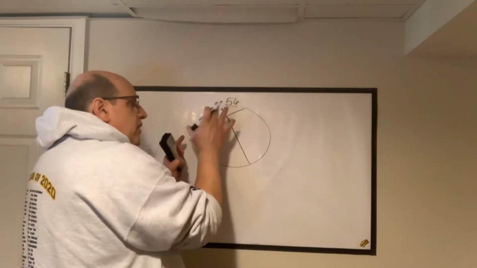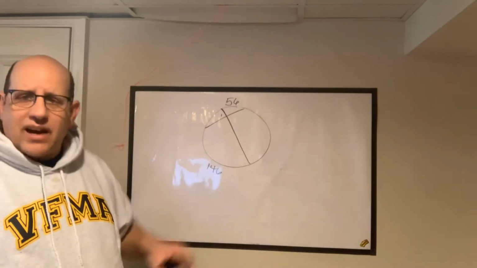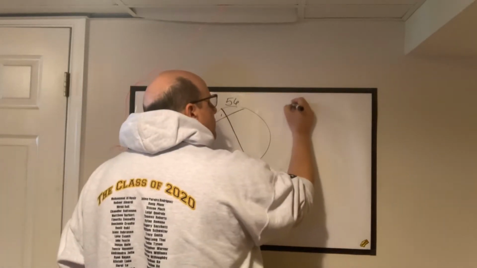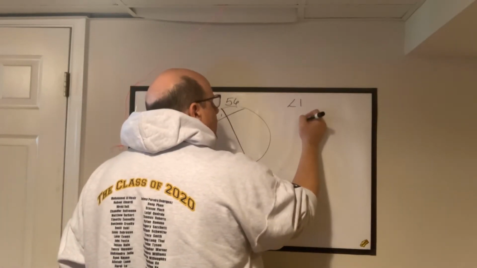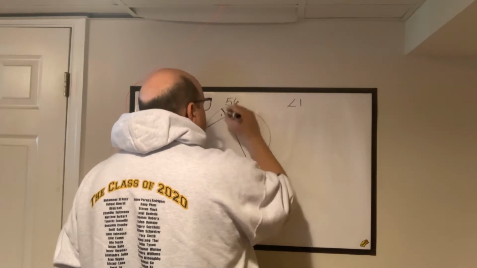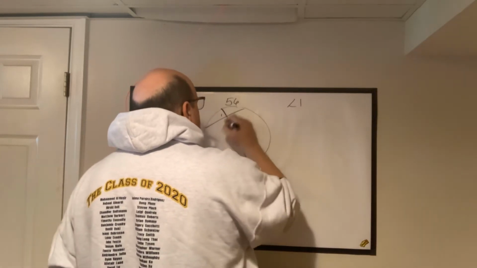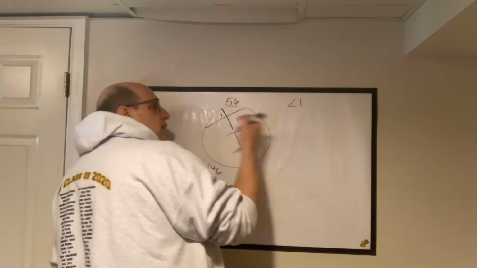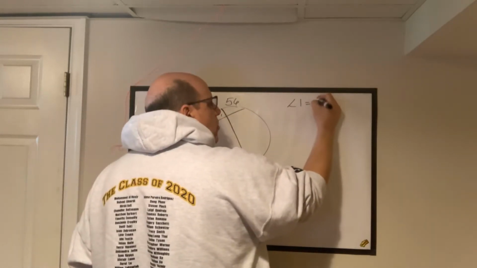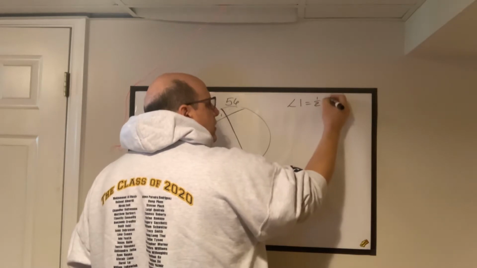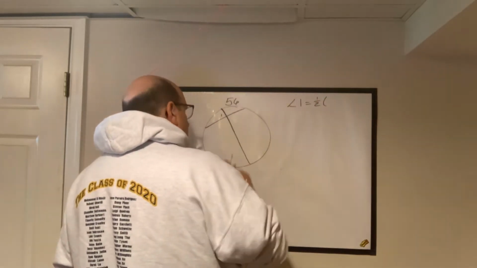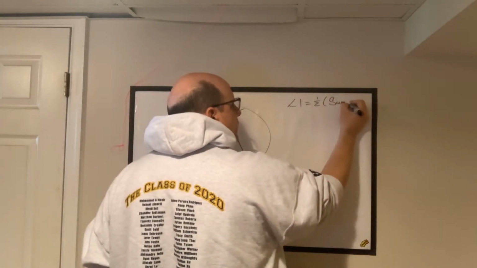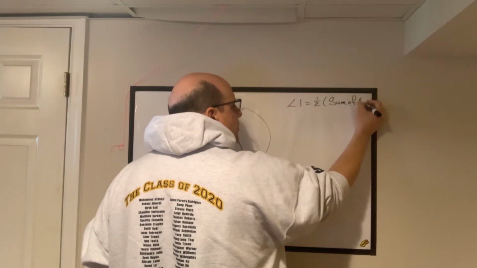And so if you have your intersection inside, then the measure of the angle, either this angle or this angle, is going to be 1/2 the sum of the two arcs. Sum of arcs.